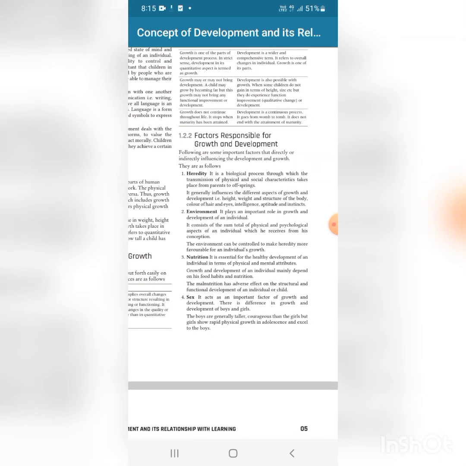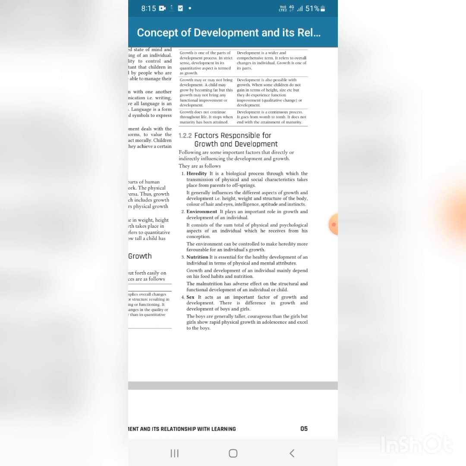And now, nutrition. So, nutrition is an important factor in terms of healthy development. The calorie intake for children in lower primary level, which means from first to fifth class, should be 450 calories, and that for children in upper primary level, which means 6 to 8, should be 700 calories. It is essential for the physical and mental development of a child.